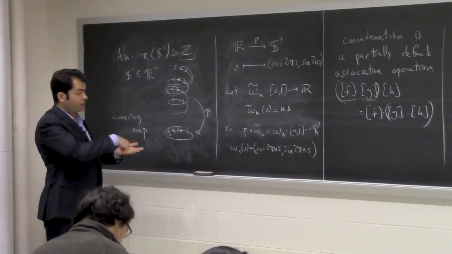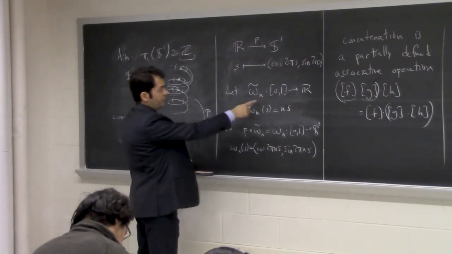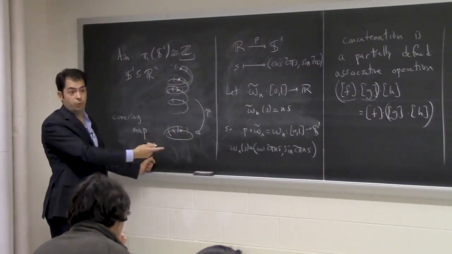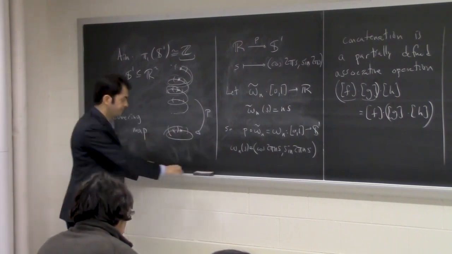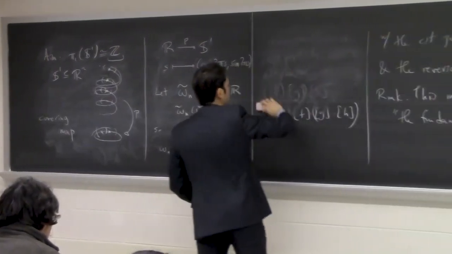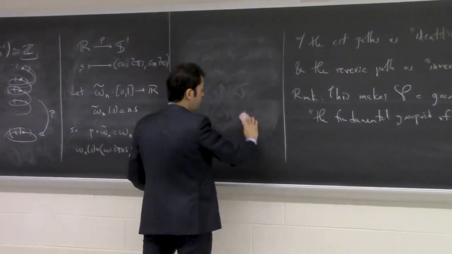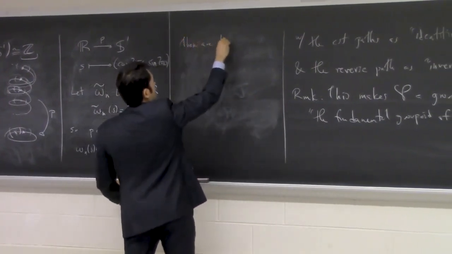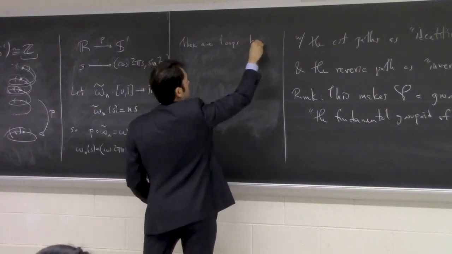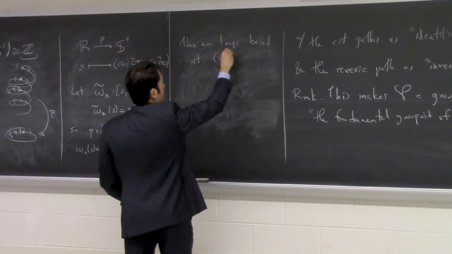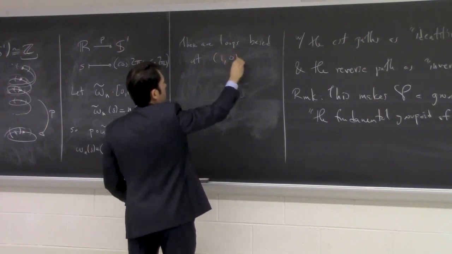And whether you're going clockwise or counterclockwise depends on whether n is positive or negative. And if n is 0, this is the constant loop. Does nothing. Right? So each of these are loops based at the point (1, 0).